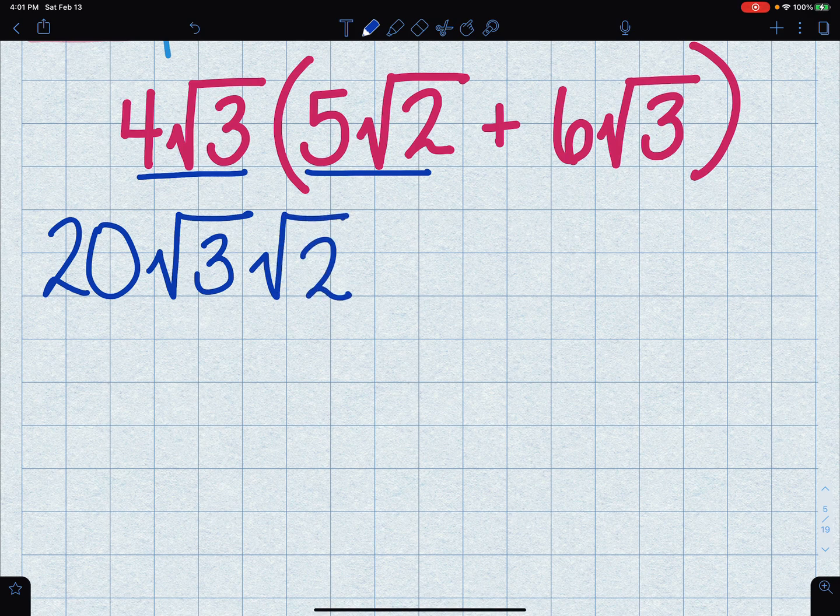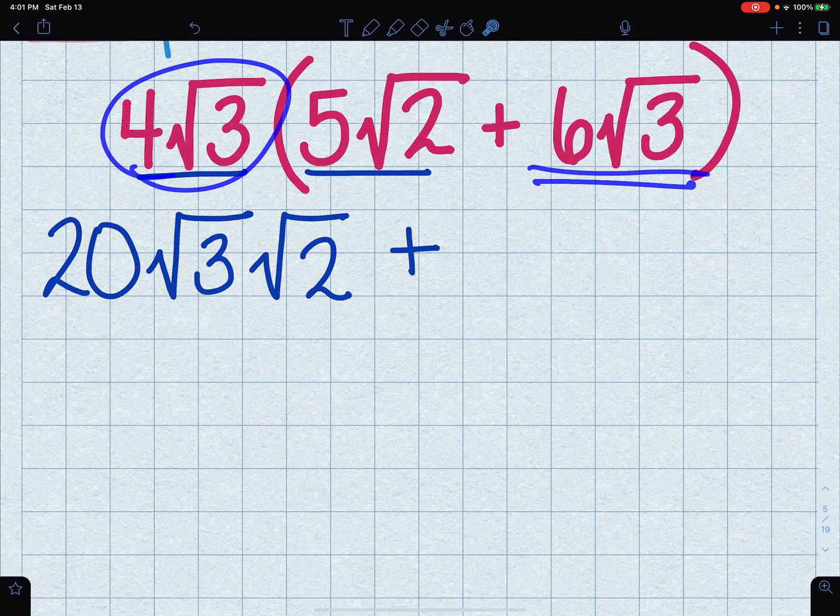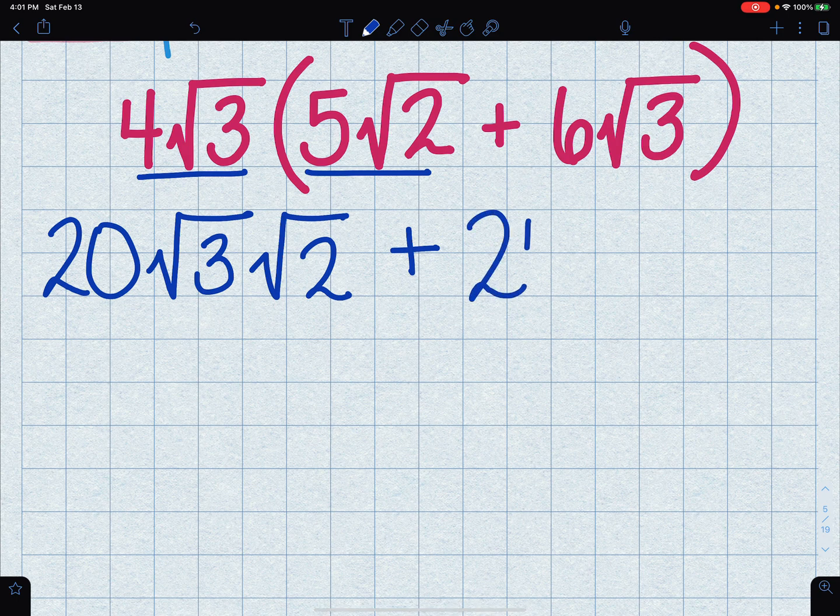Okay, and then I'm going to add to that this times this. So 4 square root 3 times 6 square root 3. Okay, so it's going to be 6 times 4 is 24 times square root 3 times square root 3.